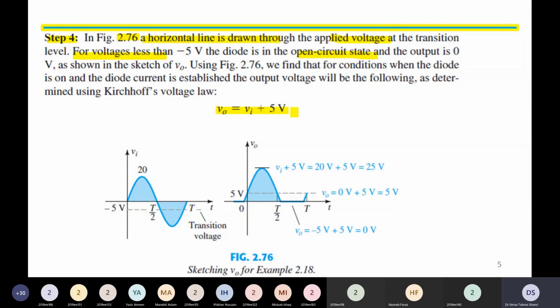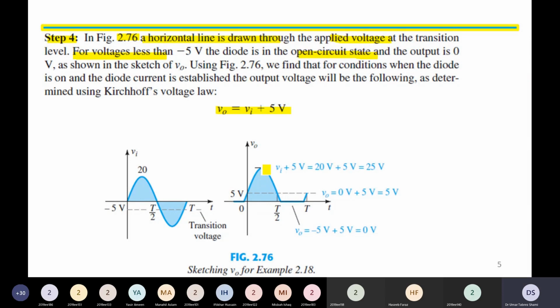Hence, what we see is that for the positive half, the input voltage has been level shifted. That is, the input starts at 0 but our waveform starts at time t equal to 0 at 5 volt, and then it reaches a maximum of 25 volt.